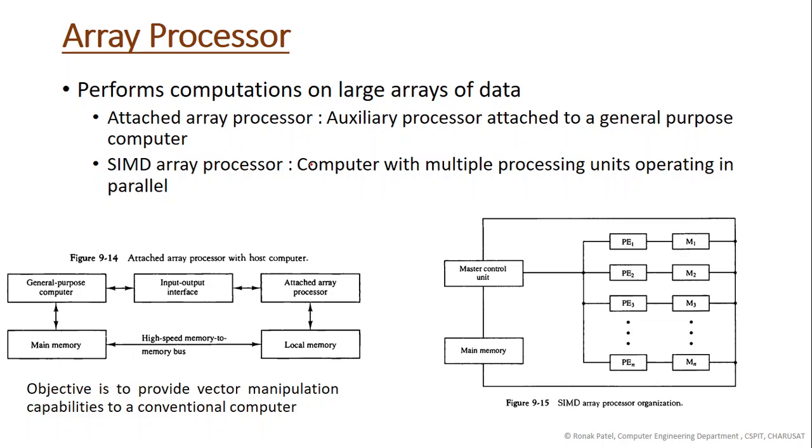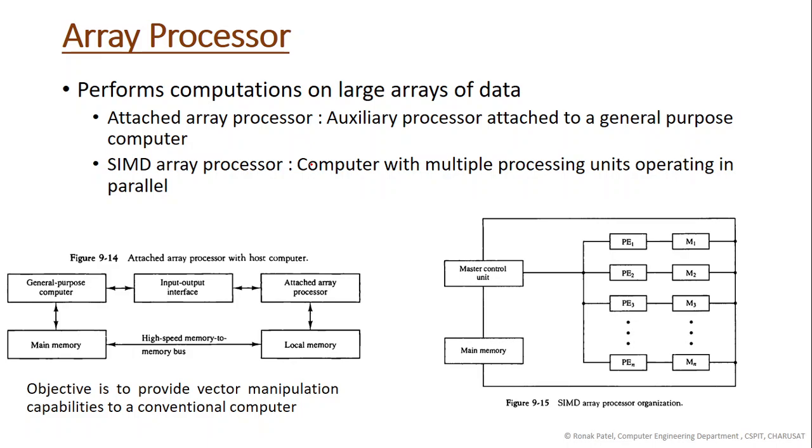Now the array processor performs computation on large arrays of data, and it performs in parallel. In this array processor you have dedicated processors, which perform your computation. Here you have specific processors that will help you achieve the performance.